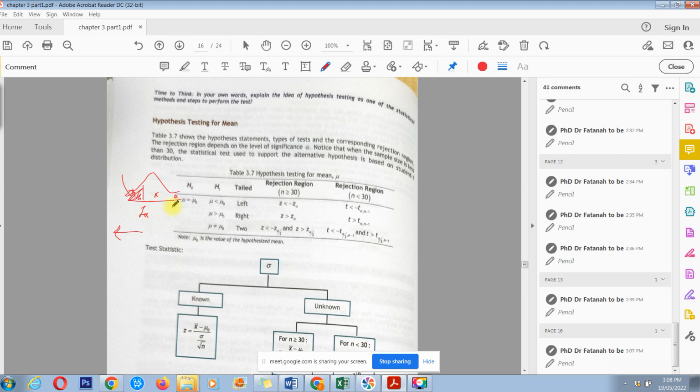our claim. And then for the right tail we have this area.